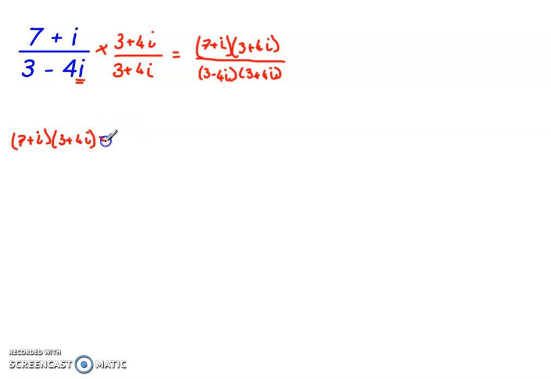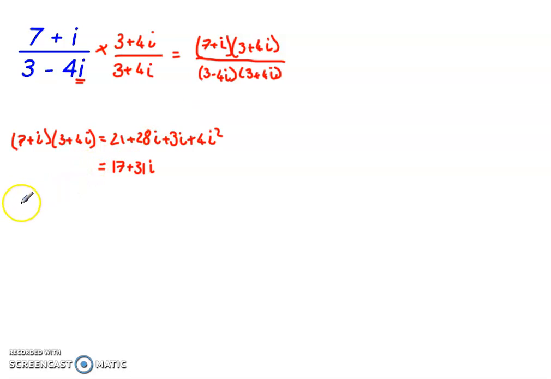What I get for that is 21 plus 28i plus 3i plus 4i squared. So I've got 21, plus 4i squared, i squared is negative 1, so I've got 21, take away 4, so I get 17, and I've got 28i plus 3i, so I get plus 31i.